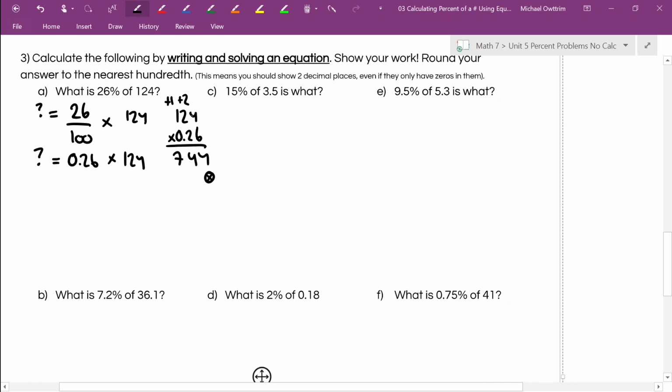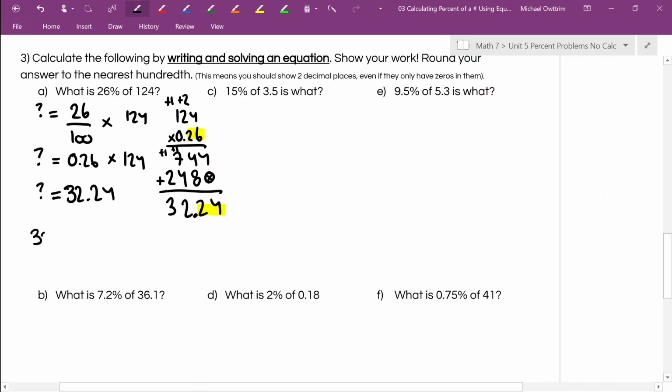Placeholder is 0. 2 times 4 is 8. 2 times 2 is 4. 2 times 1 is 2. 4, 12, another 12, and 3. Okay, 2 digits in decimal places, 2 digits in decimal places. Question mark equals 32.24. And then we can say 32.24 is 26% of 124.